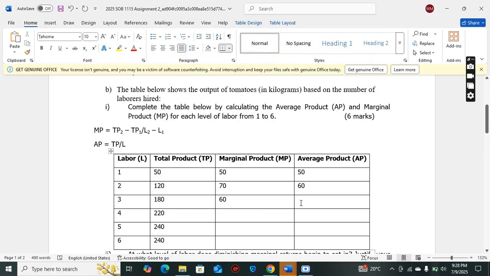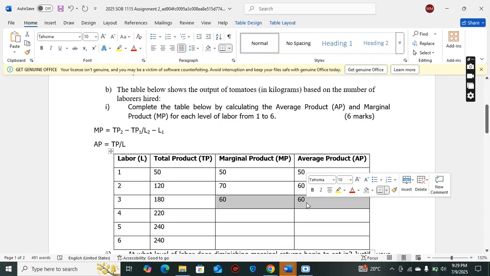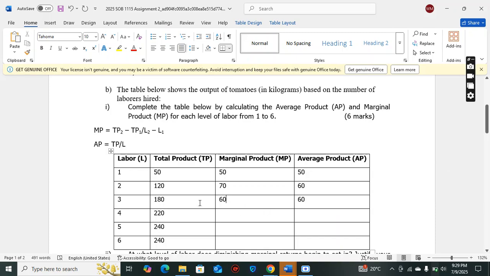Average product, 180 divided by 3, that is 60. So here, marginal product equals average product. So we expect this to be the highest average product.